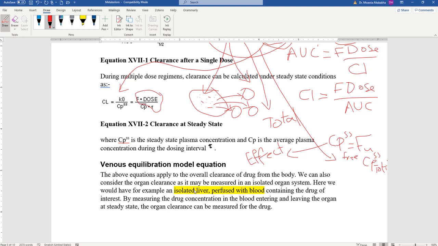To this liver, the drug reaches the organ through the blood supply.